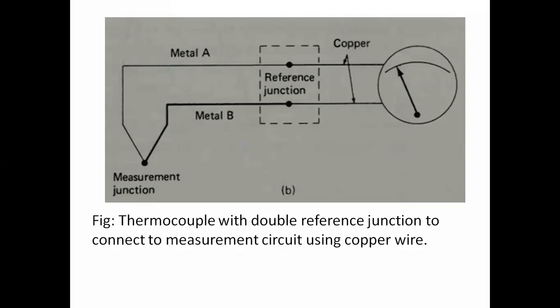So then what happens? If the length of the copper wire increases, the temperature in between may change, and the temperature will be affected. When the temperature changes, the conductivity of the copper wire may change. Due to that, you can get a change in the output voltage, because the thermocouple produces a very small voltage, in terms of microvolts.